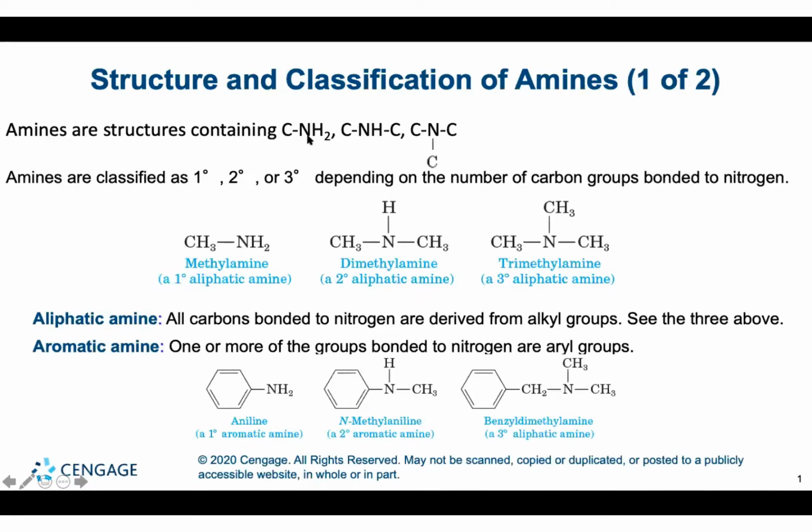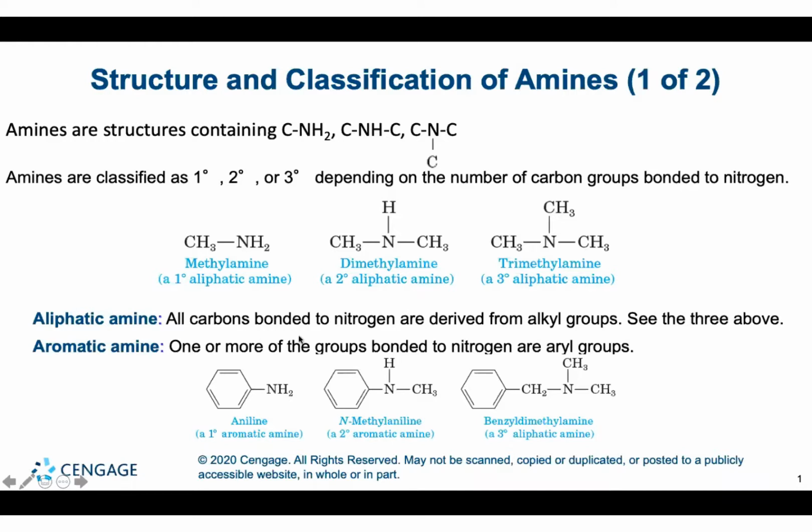This nitrogen can be bonded to only one carbon, which gives us a primary amine, like in alcohols we had primary alcohol. Also, the nitrogen in amines can be connected to two carbons, which gives us a secondary amine. And in tertiary amines, nitrogen is attached to three carbons.